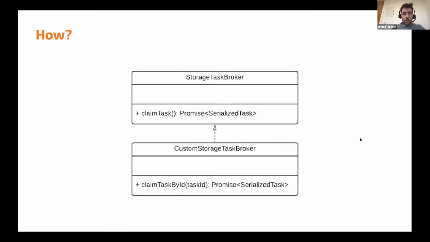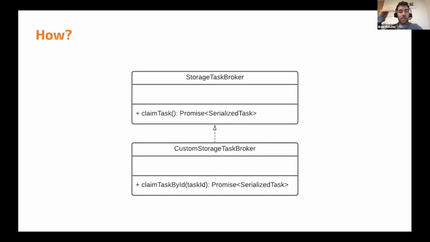This storage task broker has also been made public, and we have implemented one additional function on this. Because we're enqueuing each individual task to the external task queue, the task scheduler wants to start a task worker for a specific task.